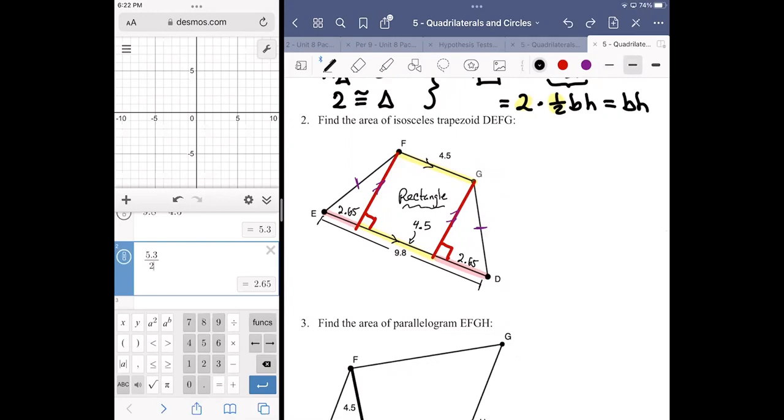And that's what we would need to know in order to figure out the area of this trapezoid. So if I take the area of that first triangle, area of a triangle, again, half the base times the height, and I multiply it by 2, so 2 of those area of the triangles, I'll get 2 times half the base times the height, which is going to be base times height.